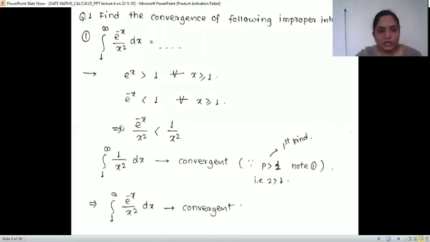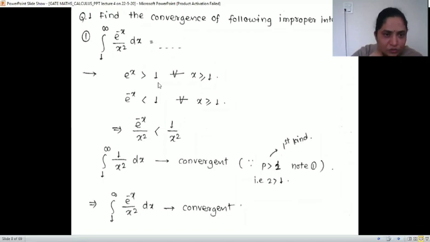If we divide on both sides by x square, we get e raised to minus x upon x square is less than 1 upon x square. This is the term inside the integration.